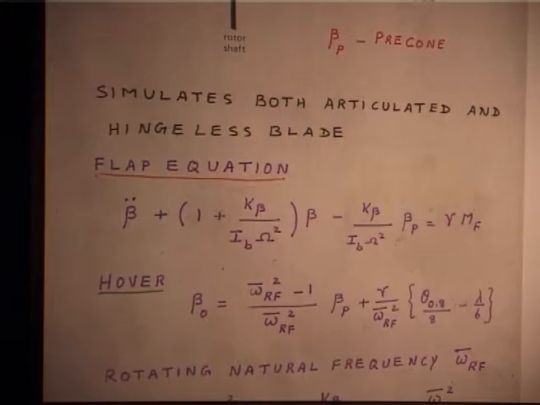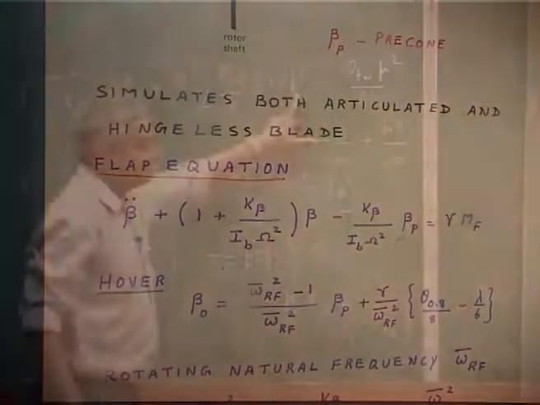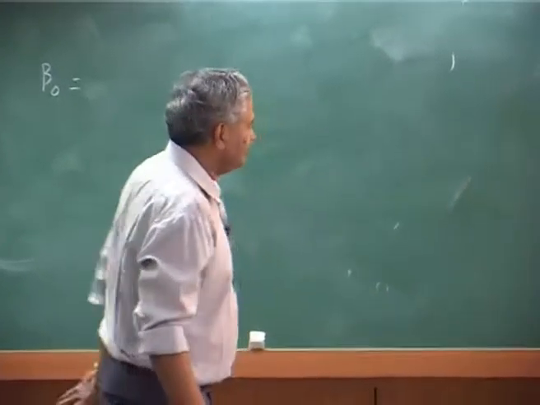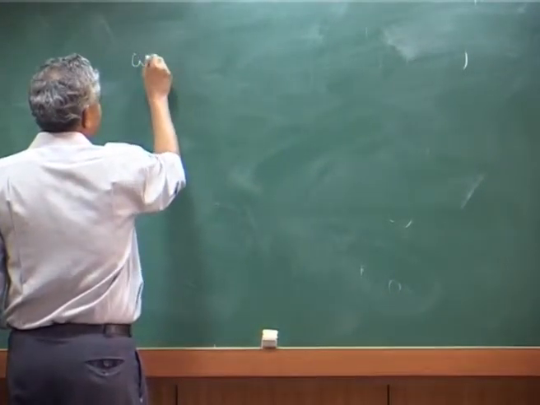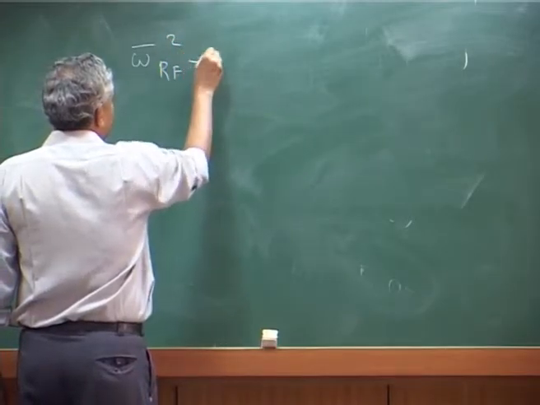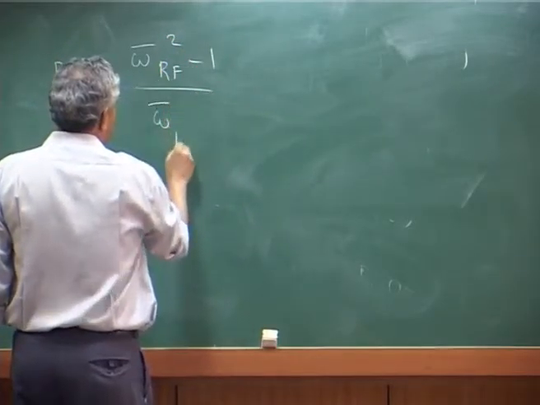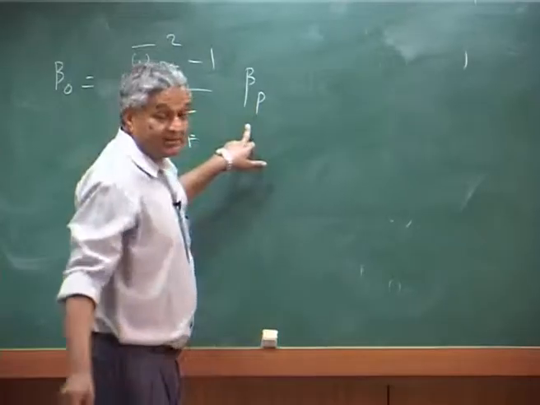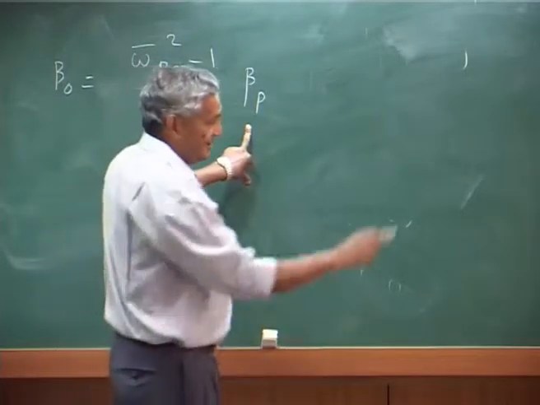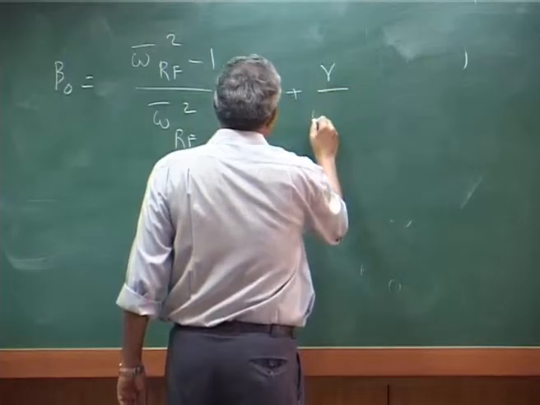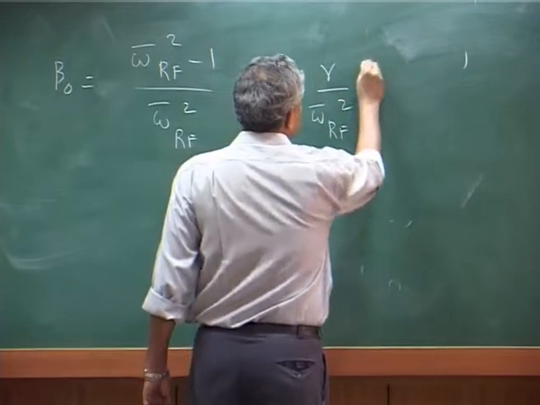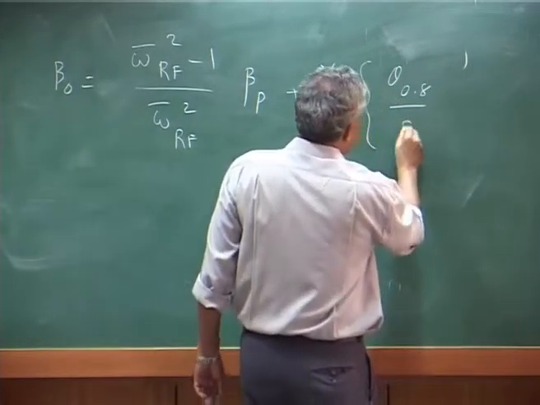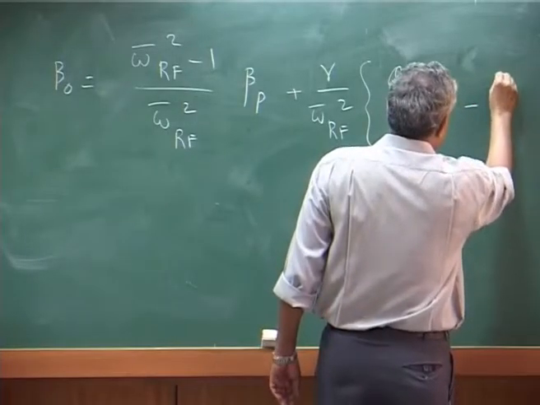Beta naught becomes, because all the mu will go off, omega bar RF square, because from here you get a very interesting result, divided by omega bar RF square into precon, because the precon term is there, plus gamma over omega bar RF square into theta 0.8 over 8 minus lambda over 6.